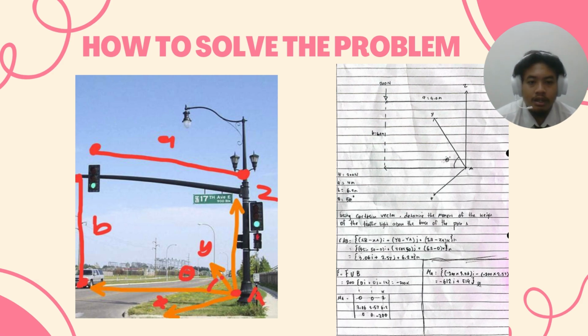After finding all this information, we can input it into the cross product to find the moment. After putting all this information into the cross product, the final answer we get is negative 612i plus 514j. That's all from me.